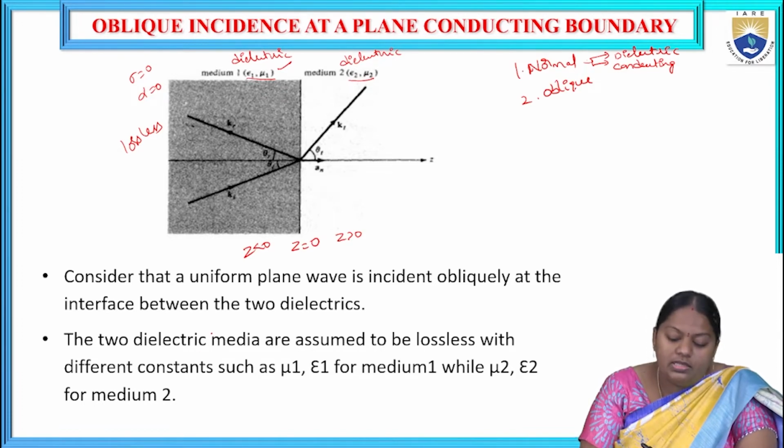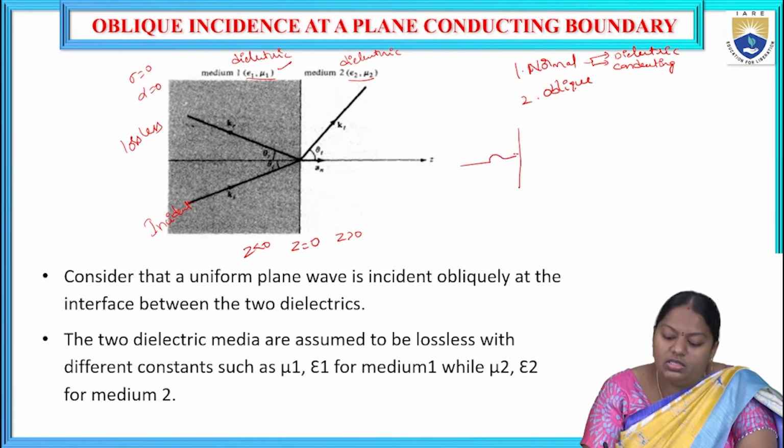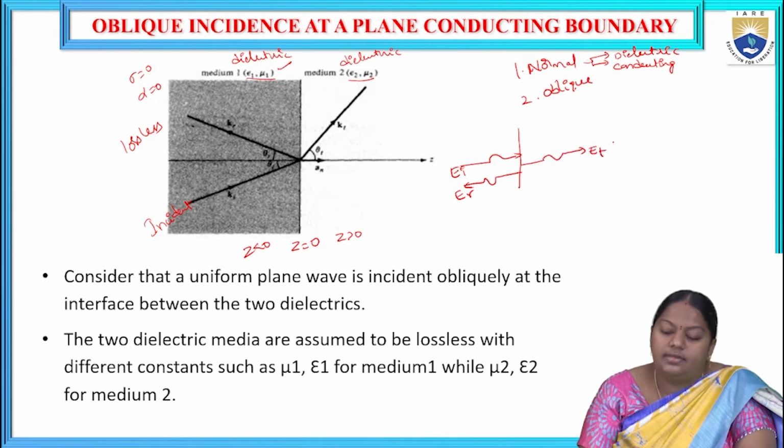So to analyze this, firstly, we are going to consider one incident wave, right? When the incident wave strikes the boundary, part of this incident wave is reflected back into the same medium, represented as ER, and part of it is transmitted, represented with ET.